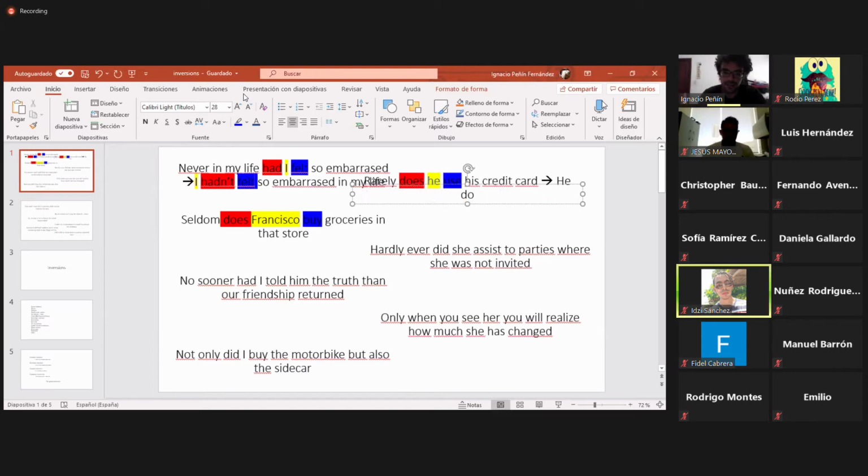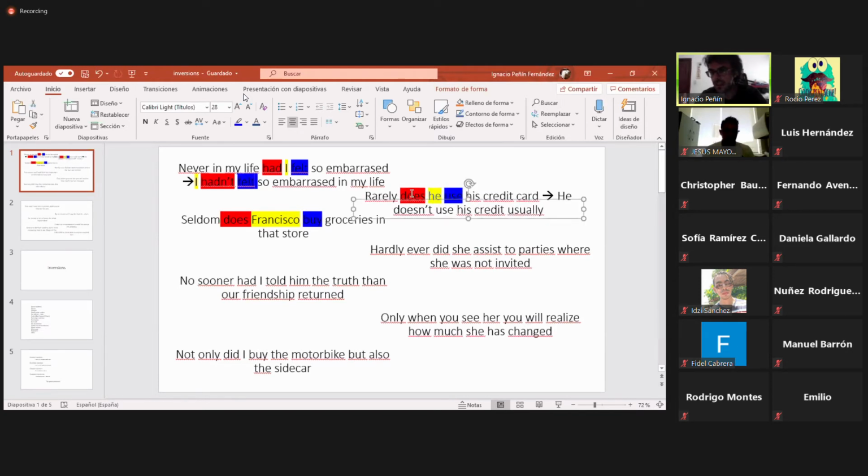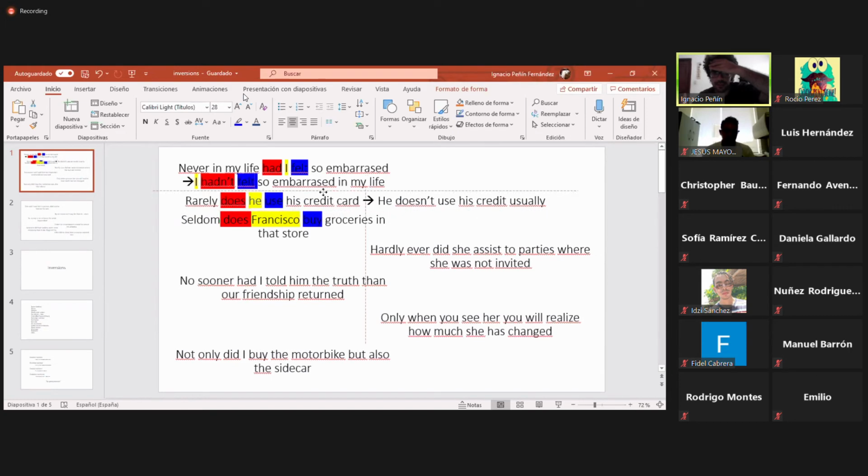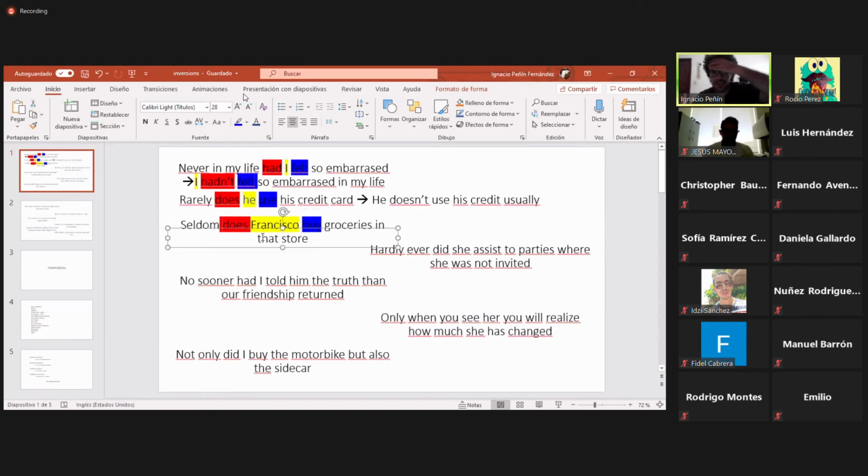He doesn't use his credit card usually, or frequently, or whatever, okay? In this case, the meaning of the adverb is what changed the uses of the negative or the positive form, okay? I will rewrite this long to make it easier. Okay, in the next one.